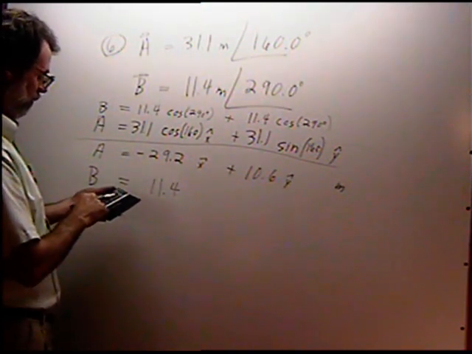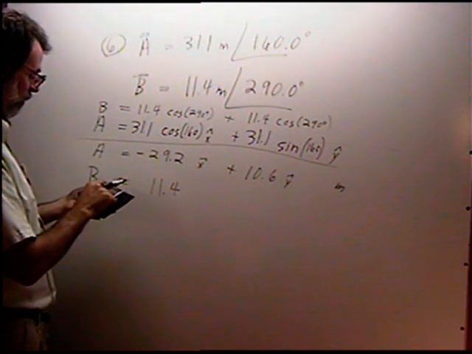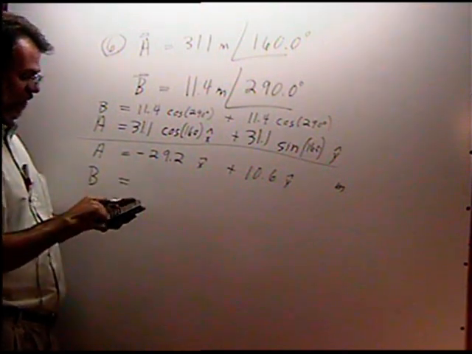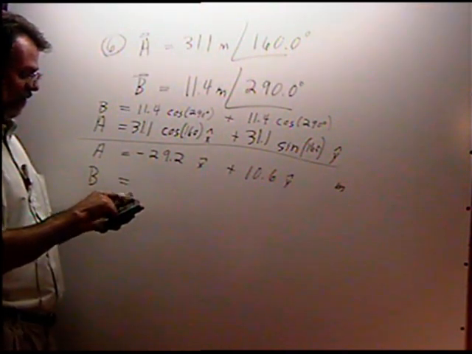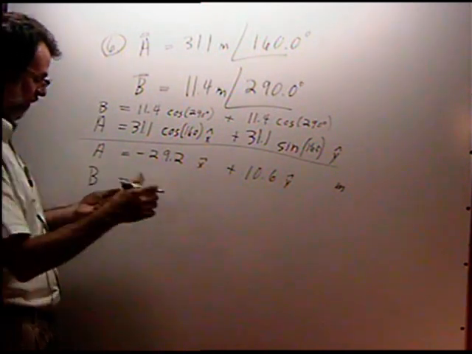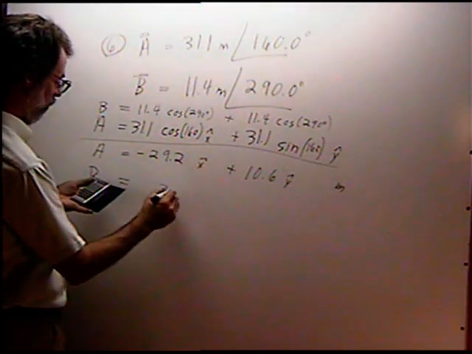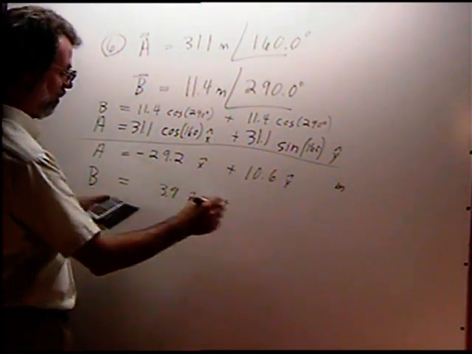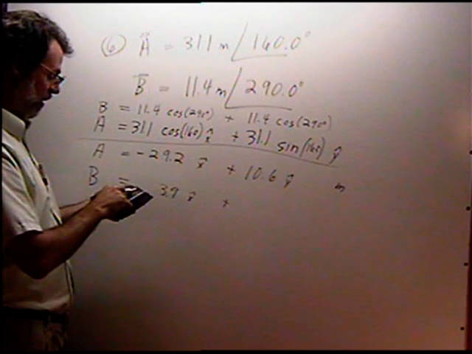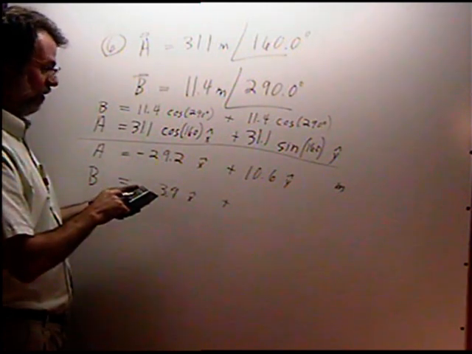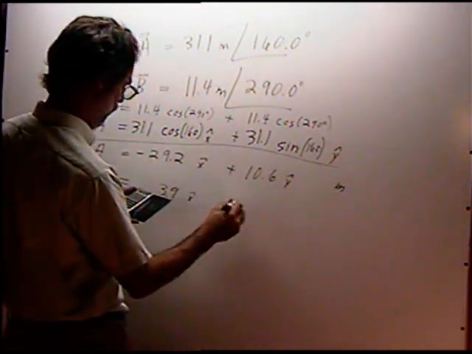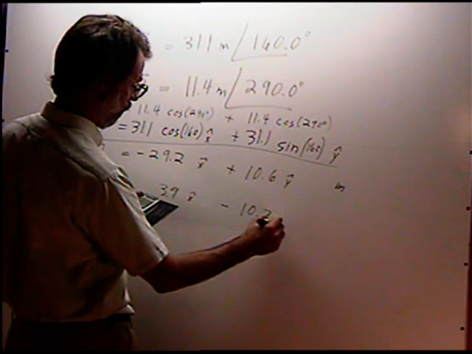Whoops, I didn't do that quite right, I'm sorry. 290, I think I did 270. So 290 times 11.4, 3.9 in the x direction. Check me out, make sure I'm getting these numbers right. Sine of 290 times 11.4, and that's a minus 10.7 in the y direction.